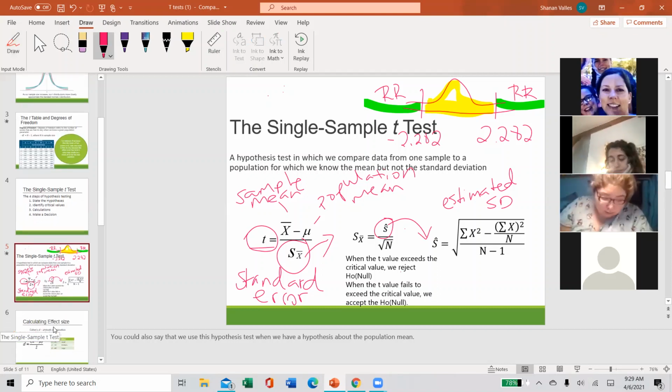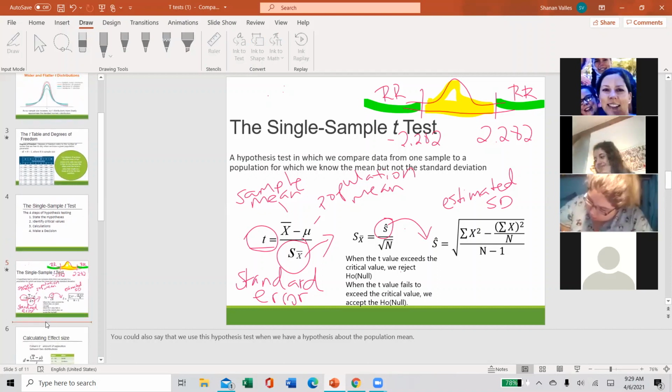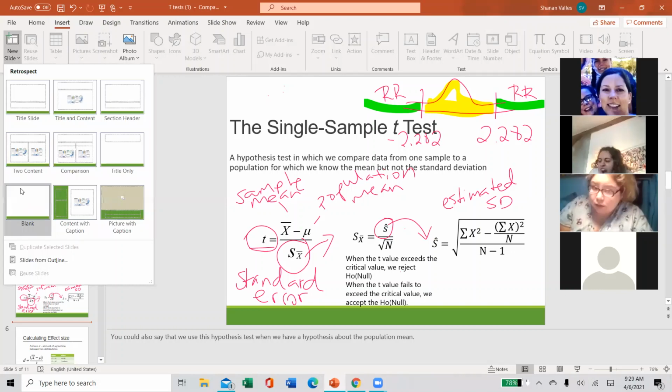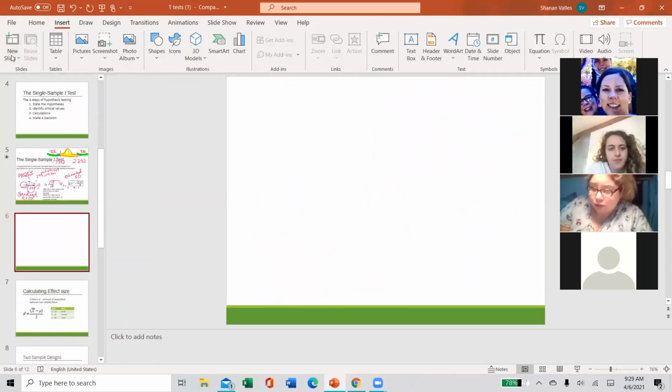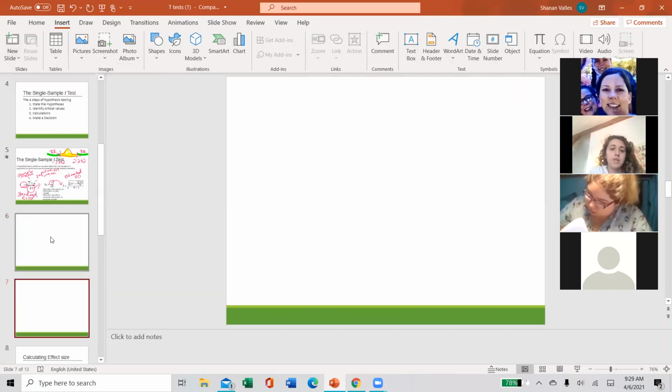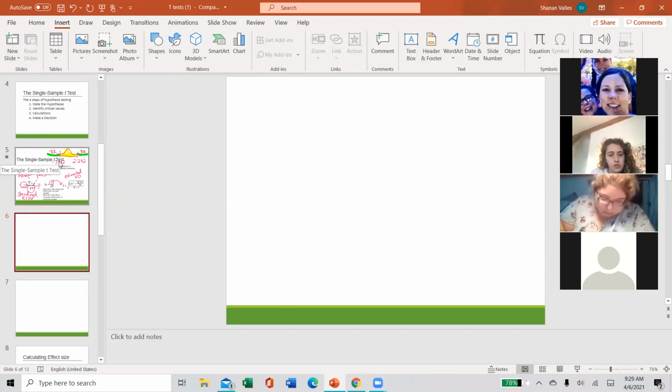I'm not even going to go on to the other slides yet, because we're going to do a couple of examples here. I want to pull one from the book, so you all can look back at it also and see it all written out nice and neat.